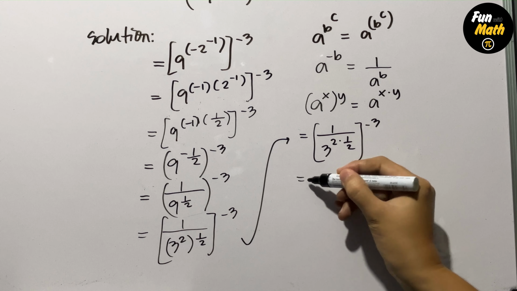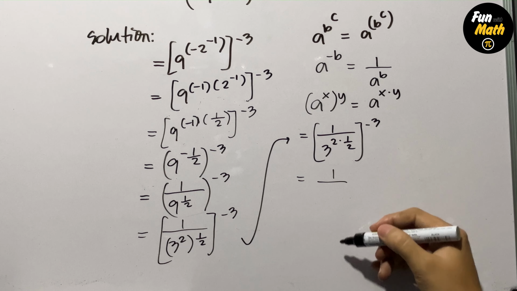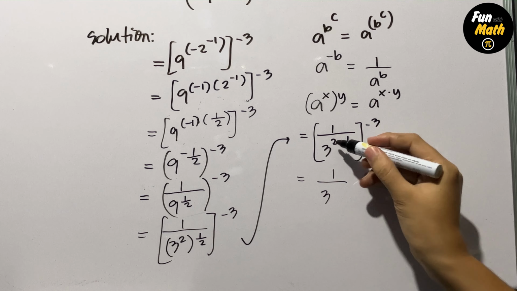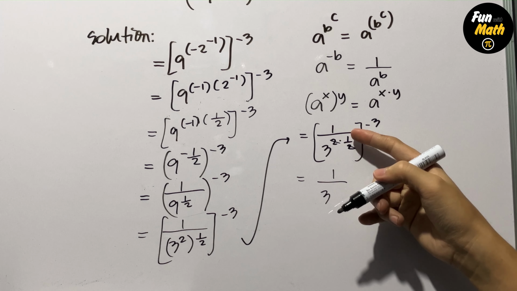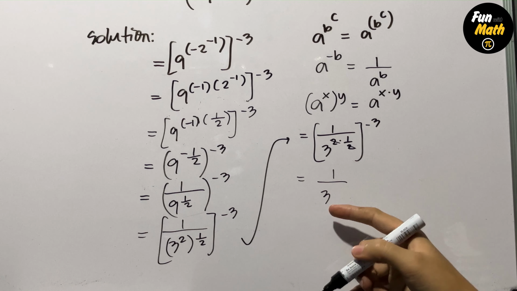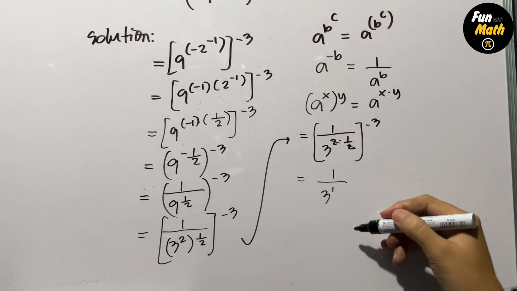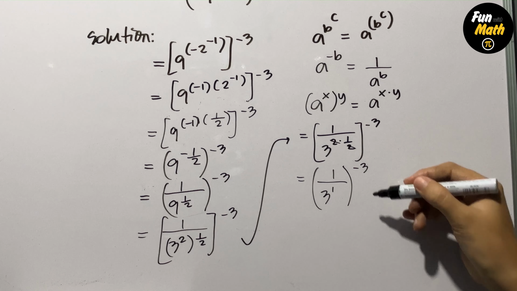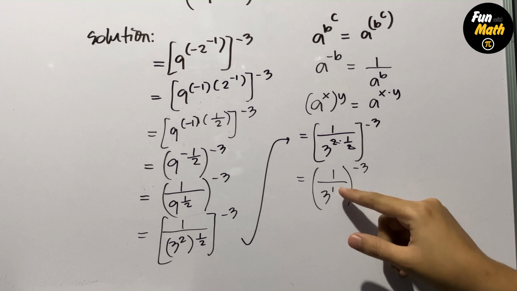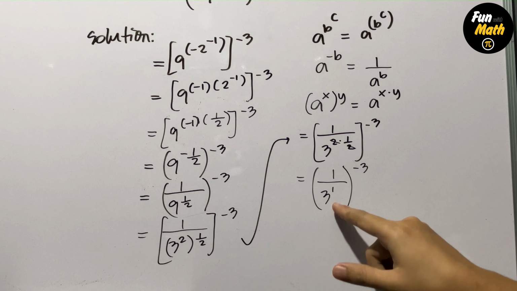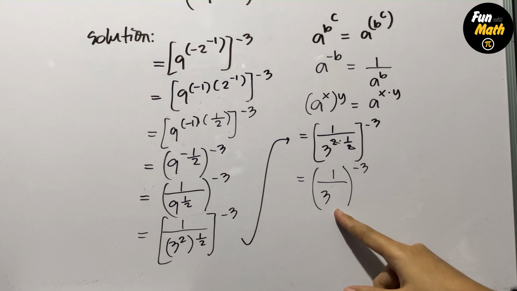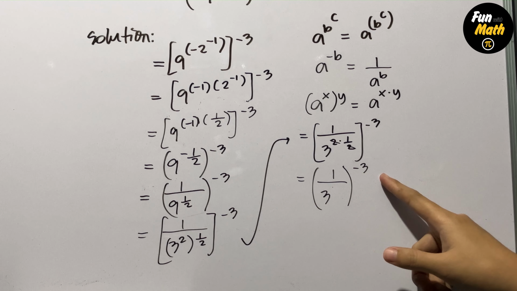So this is equals 1 over 3 to the power of 2 times 1 half. This is cancelled. We're left with 1. So therefore, 1 over 3 to the power of 1, then whole to the power of negative 3. Or we can write it without power of 1 here. So simply, 1 over 3 whole to the power of negative 3.